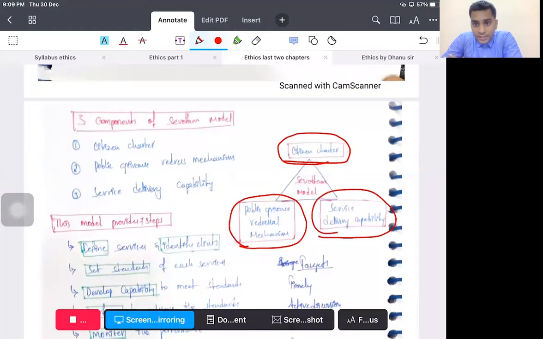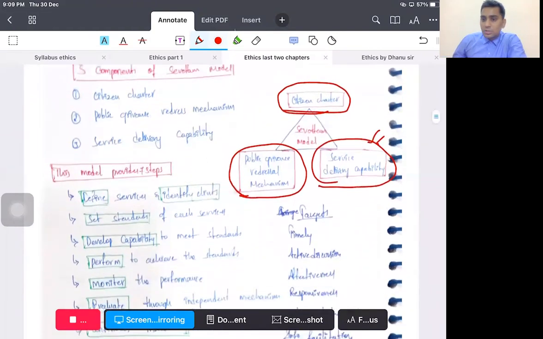If you are integrating all these things, that is the citizens charter. Again, in the citizens charter, if someone is not doing their duty, give them proper grievance redressal. Once this is done, quality of service delivery is going to improve. Once this goes in tandem, then you are going to get good service delivery. That is called SEVOTTAM. You are going to serve at the utmost level, right?